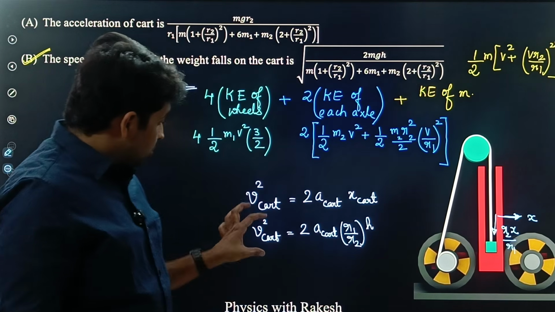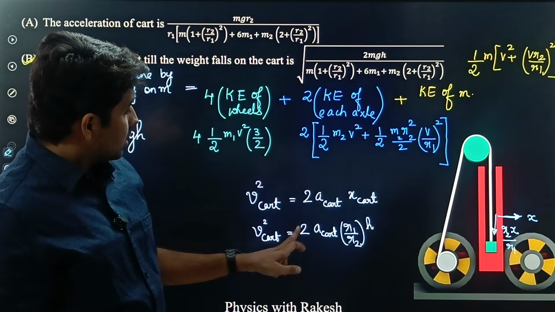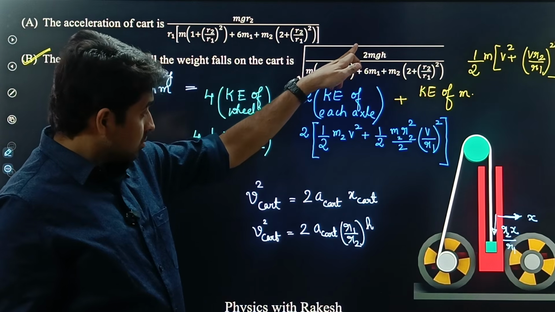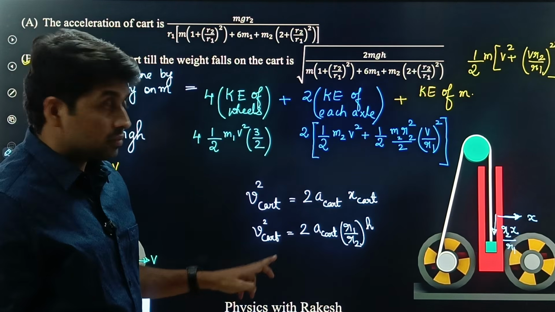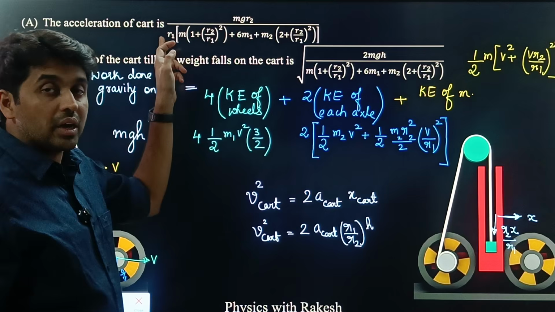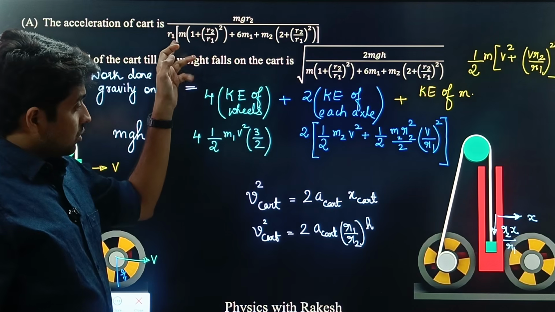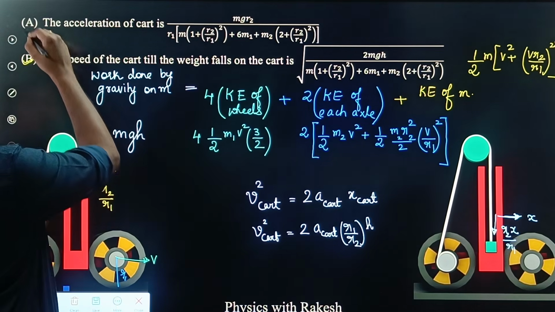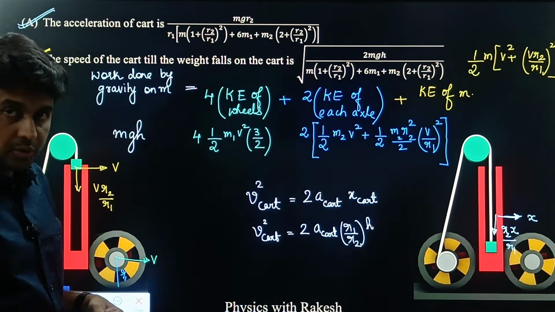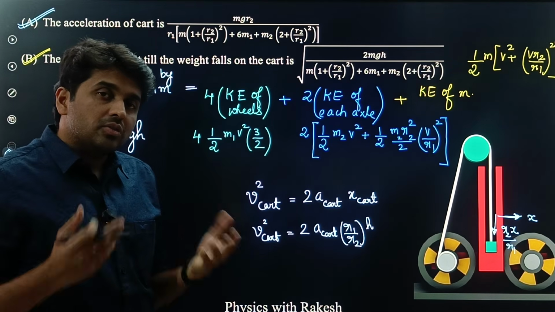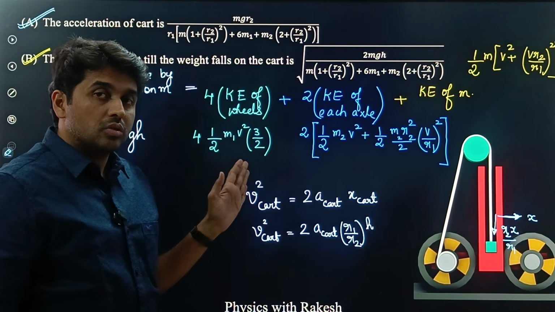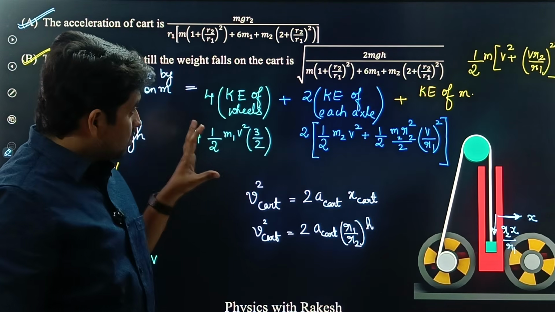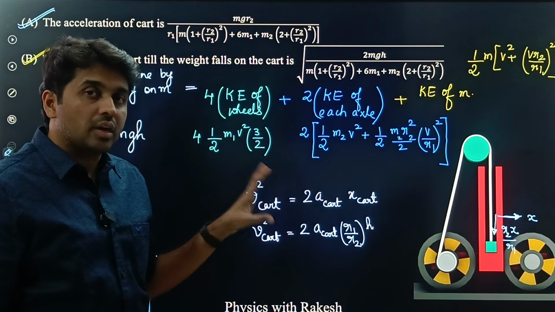So v square, you square this, 2 gets cancelled. You see this whole expression is there, into r2 by r1. So this option is also the correct option. So you see, by using the work energy method rather than the force method, the problem gets solved much faster.